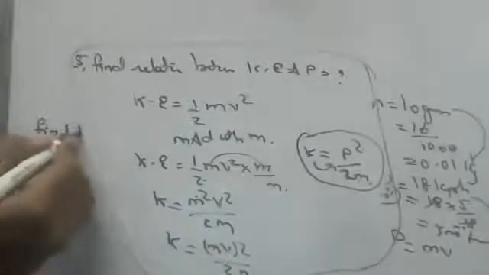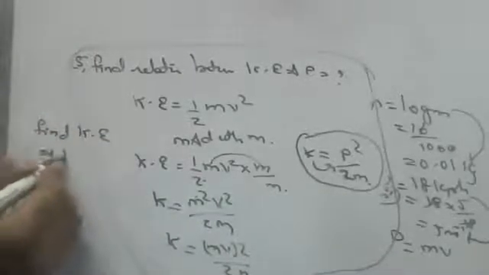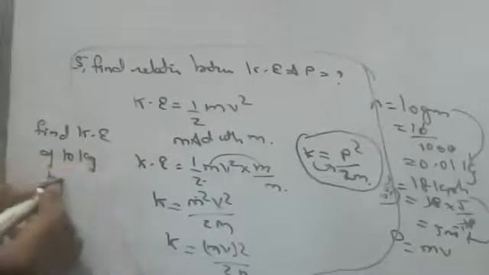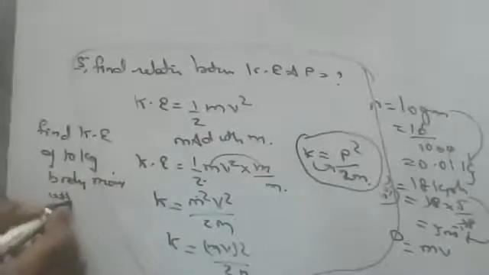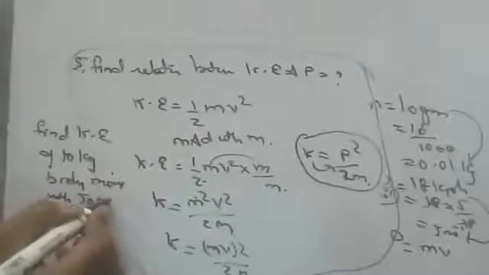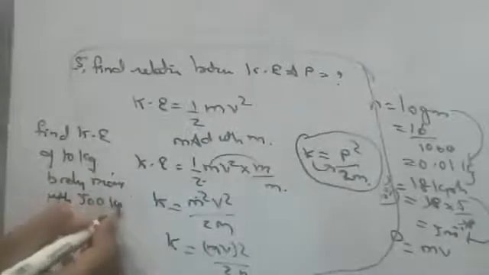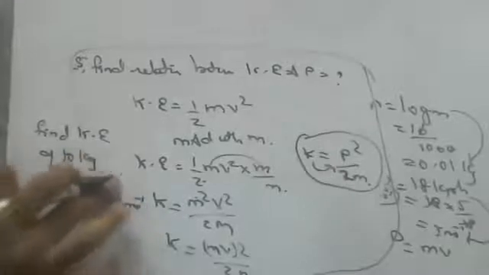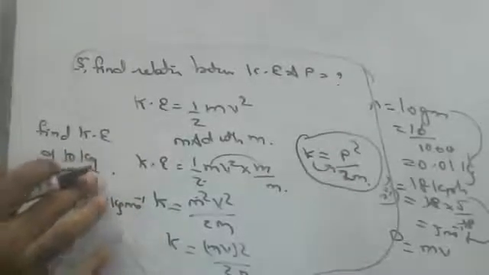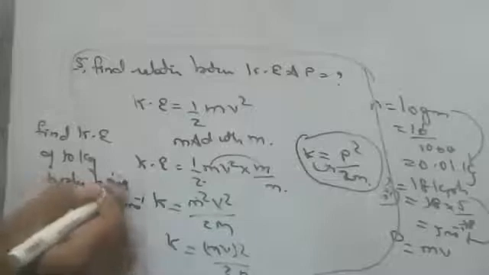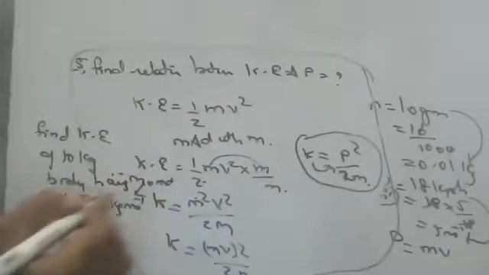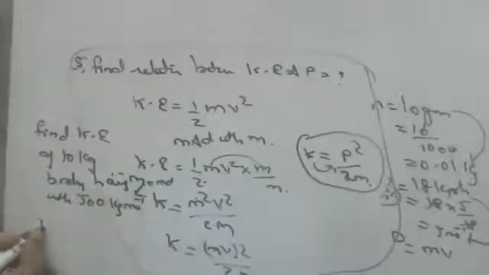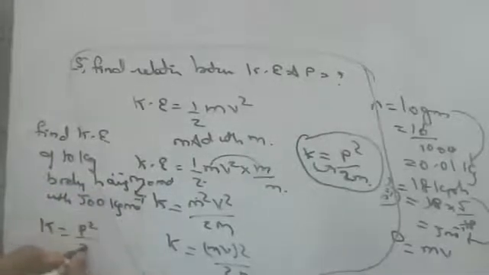Find the kinetic energy of a 10 kg body having momentum 500 kg meter per second. So kinetic energy is equal to p square by 2m.